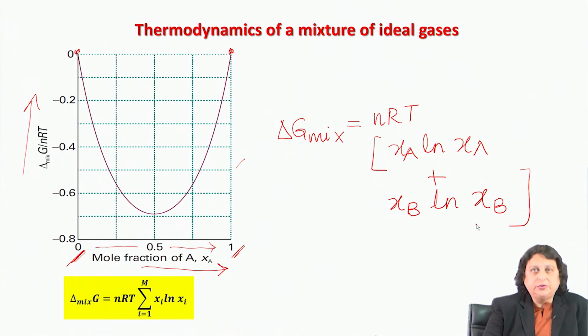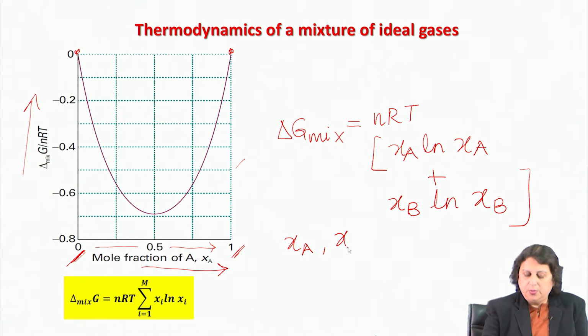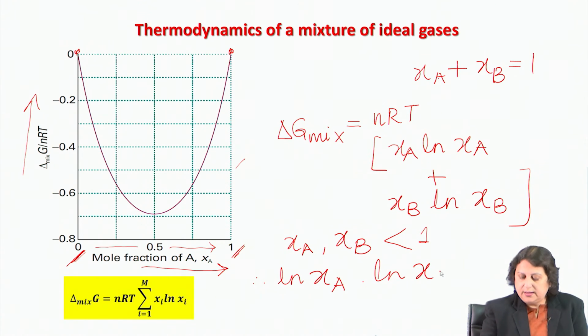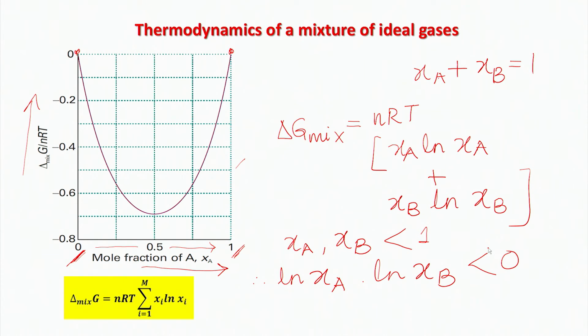Now, for any given composition of this mixture, Xa and Xb are both less than 1 because Xa plus Xb by definition is equal to 1. If that is so, then ln Xa and ln Xb must be less than 0. In that case, I have two negative terms combining to give me delta G mixing.